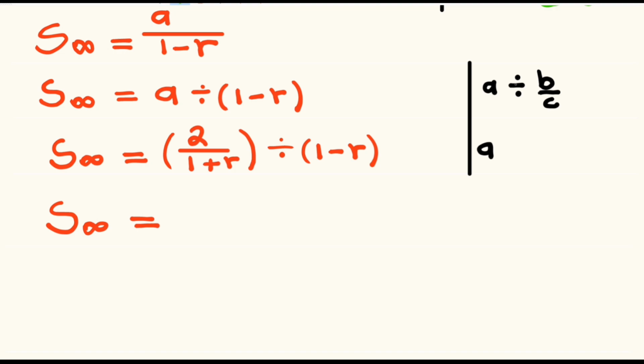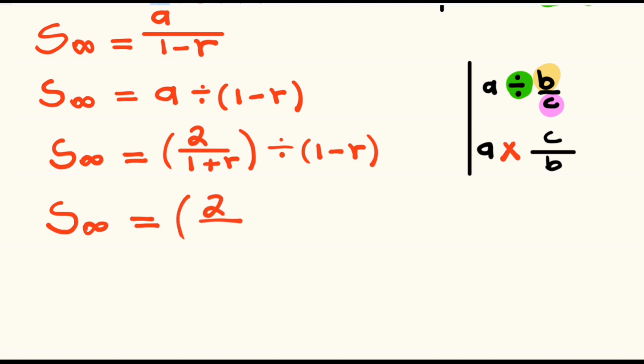So we can change that division sign to a multiplication sign. And when we do, the c, which was a denominator, will now become a numerator, and the b, which was the numerator, becomes the denominator.